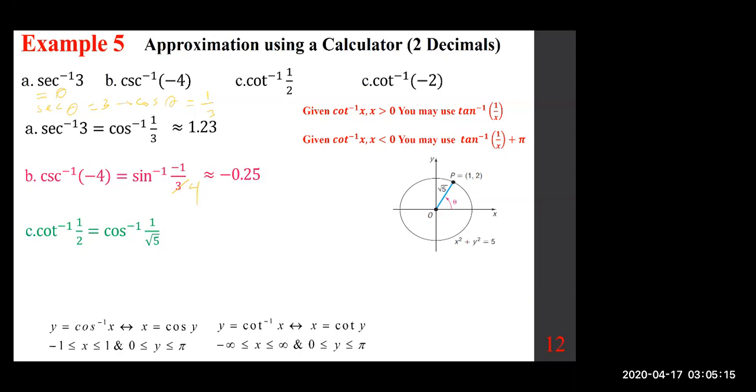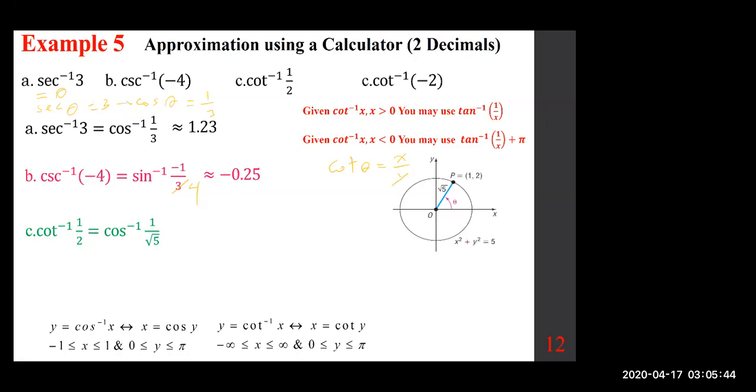X squared plus y squared is r squared. Cotangent is x over y, and cotangent is 1/2.